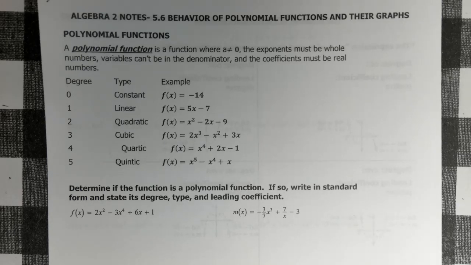Okay, so what we're going to look at first is what a polynomial function is. It says a polynomial function is a function where a cannot equal 0, so your leading coefficient cannot equal 0. The exponents must be whole numbers.